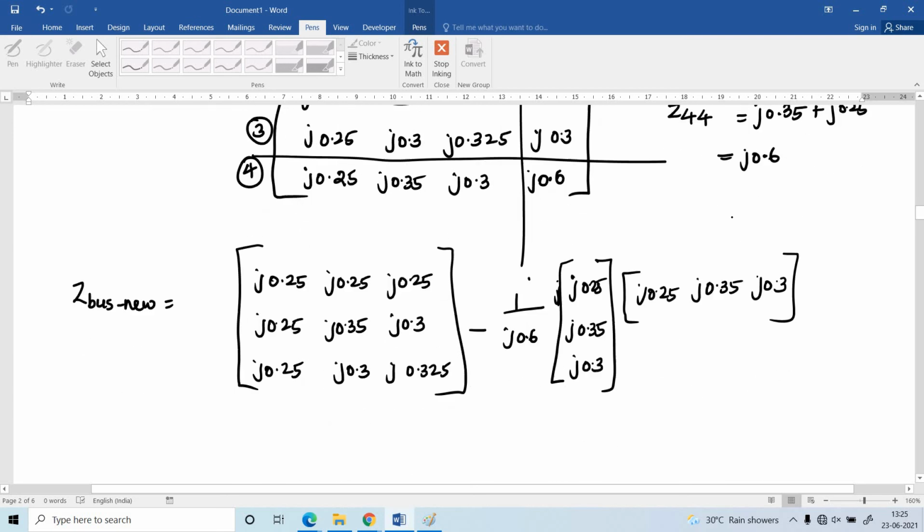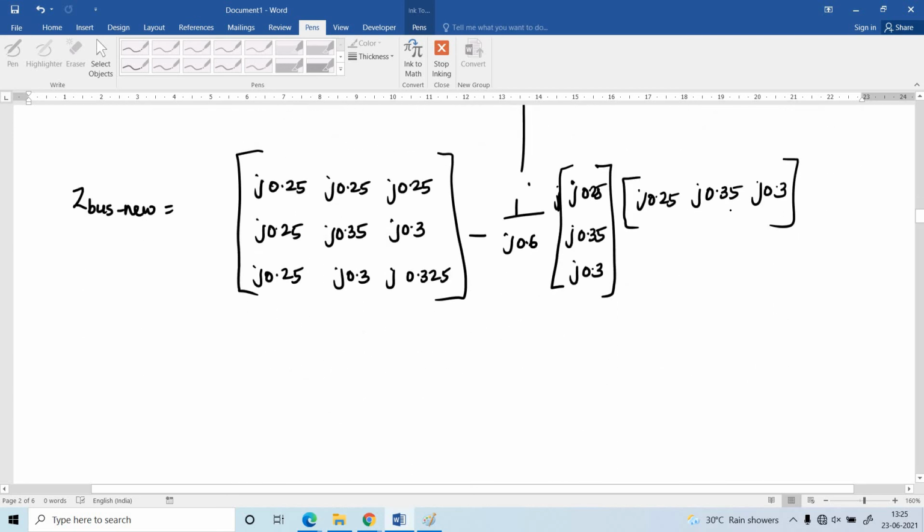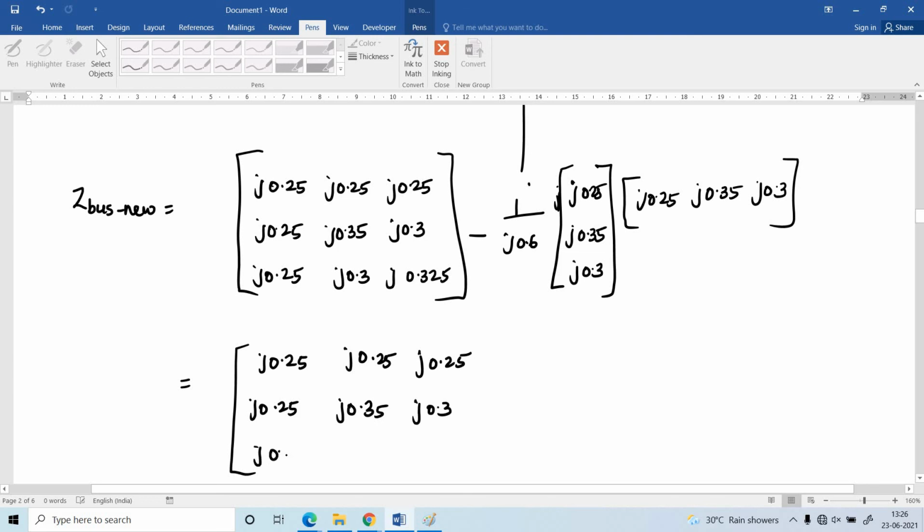Okay, now I have to multiply this and find out the resultant matrix. So how to find this? Again, I am going to write the matrix: j0.25, j0.25, j0.25, j0.25, j0.35, j0.3, j0.25, j0.3, j0.325, minus.